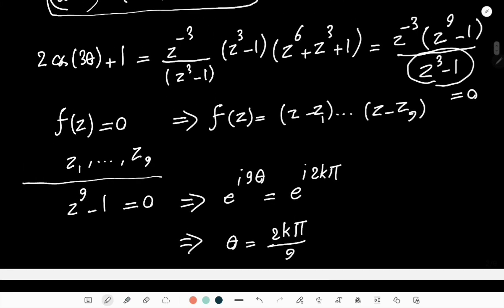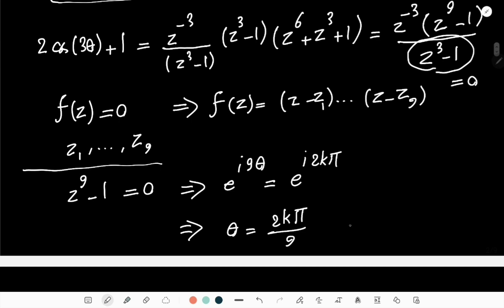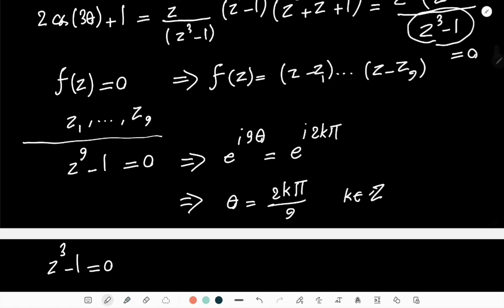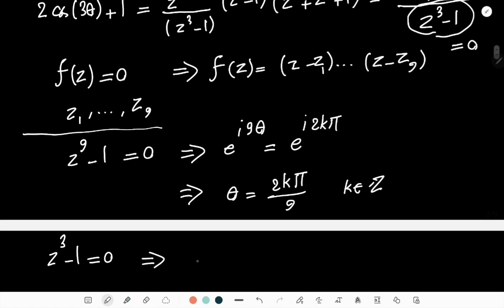So before I find all the roots by varying k in Z, let us first find the roots of the denominator so that we can exclude them. So z cubed minus 1 equals 0. And if I proceed like what I did here, e to the power of i 3 theta equals e to the power of i 2k prime pi.